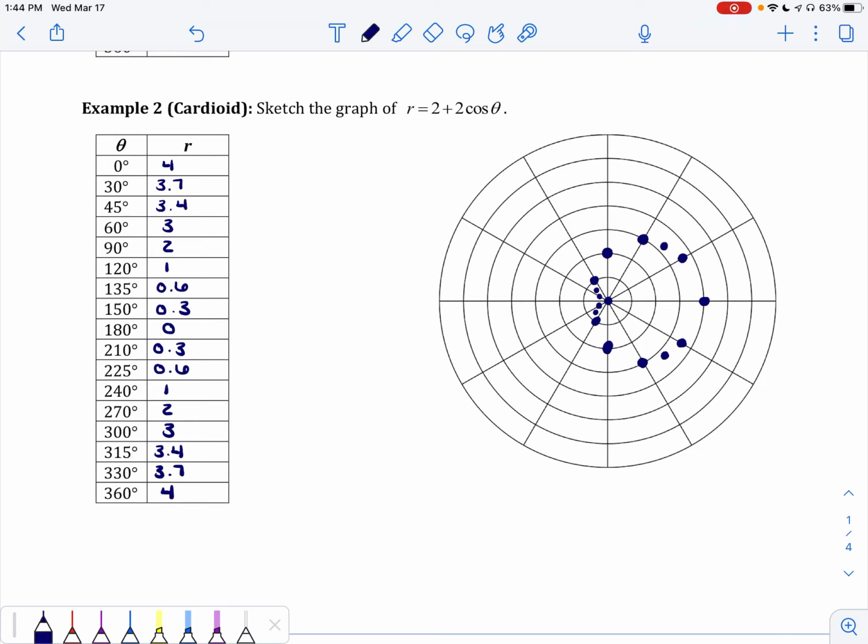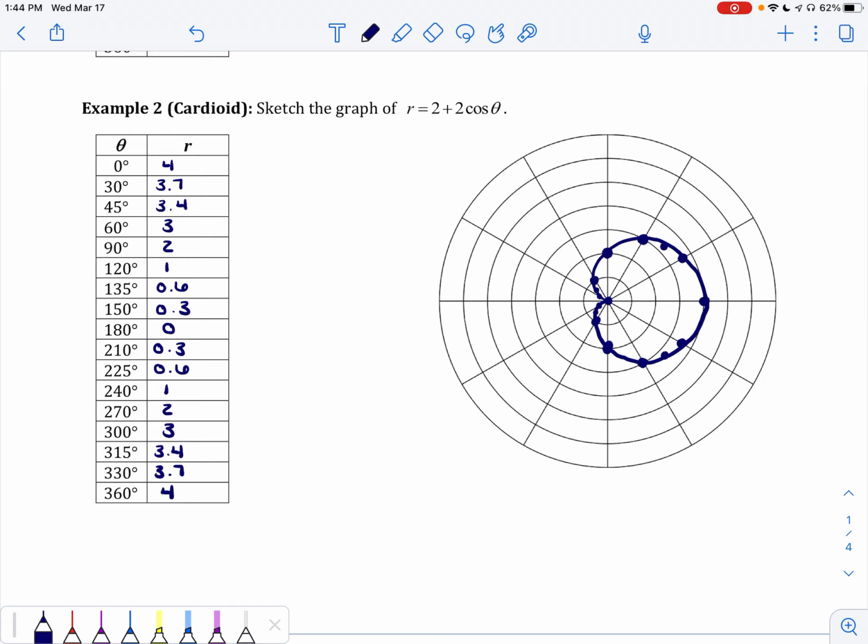Okay, so finally, once we get all of those points plotted, then we just need to connect the dots. And this shape right here is what we call a cardioid, because it looks like a heart, and it has that little dimple in the middle. So connect your dots, and you'll get your graph.